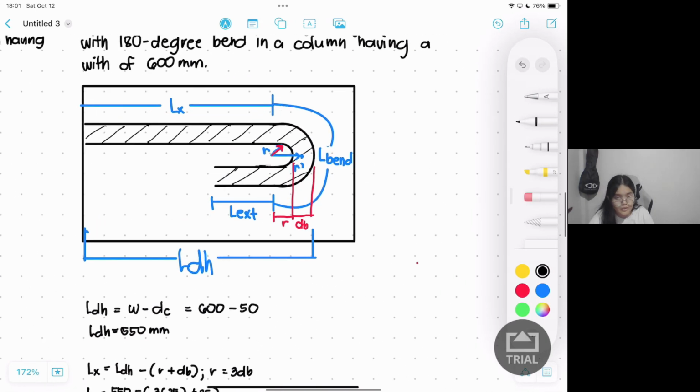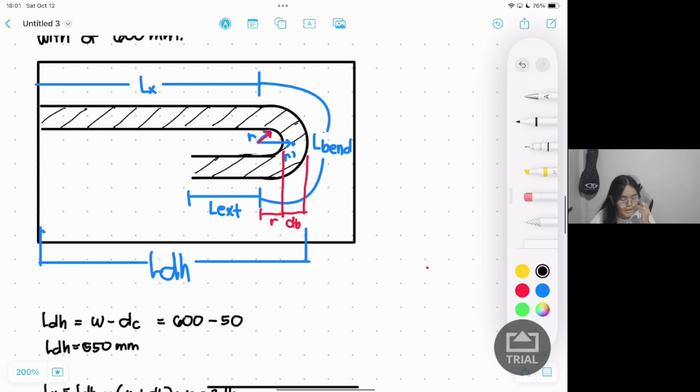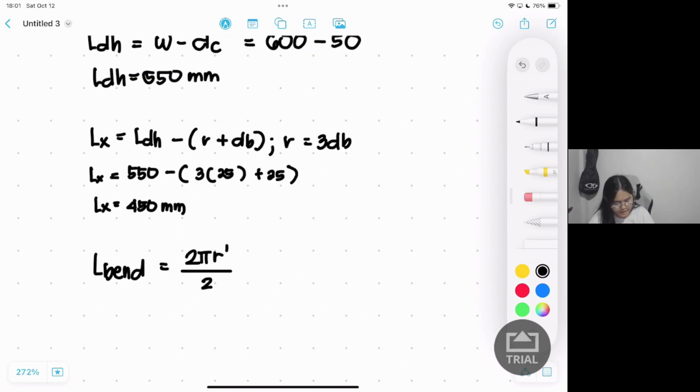Divided by 2 na lang siya kasi yung bending na nangyari sa figure naging semicircle na. So, that is half a circle. Okay? So, magka-cancel si 2, matitira na lang si pi r prime.